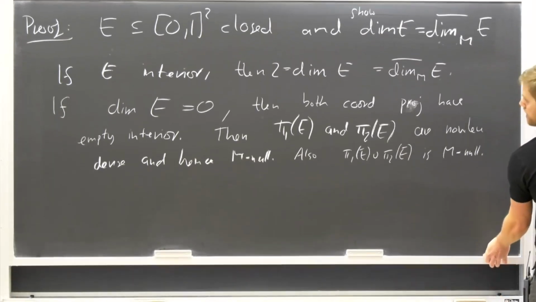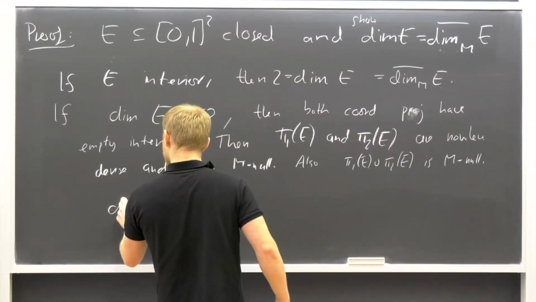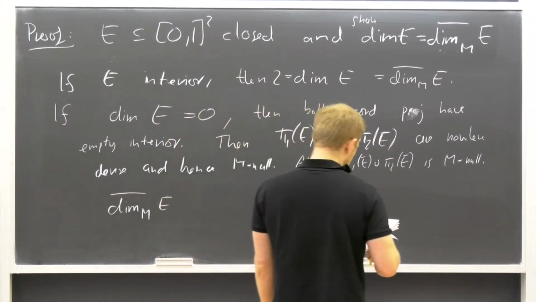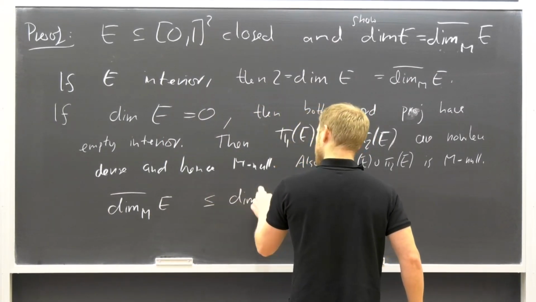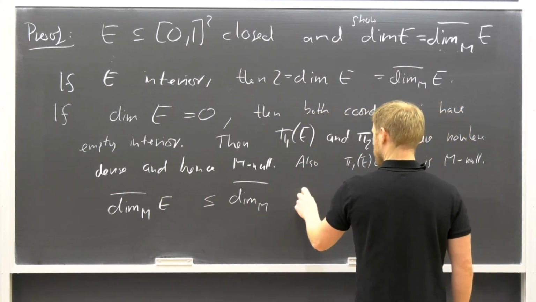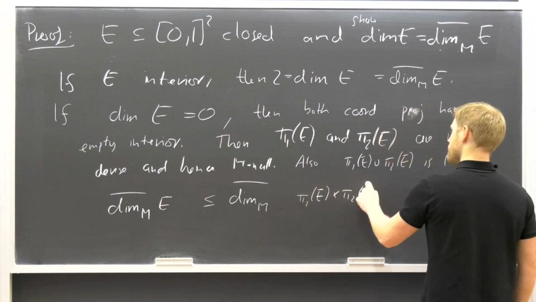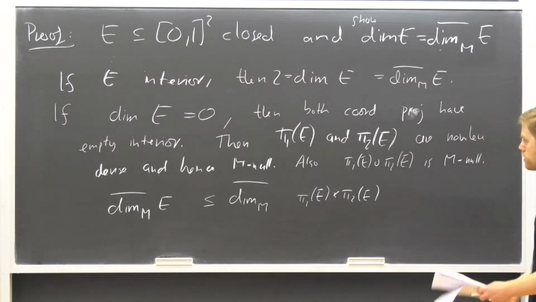And then let me write this down here. Then the dimension of E is bounded by the dimension of surely this, because E is a subset of the Cartesian product of the projections.